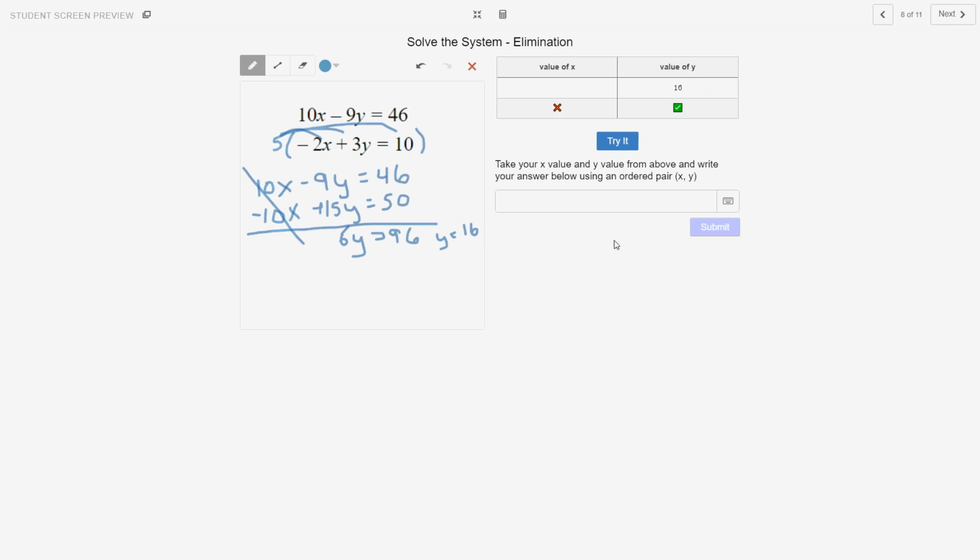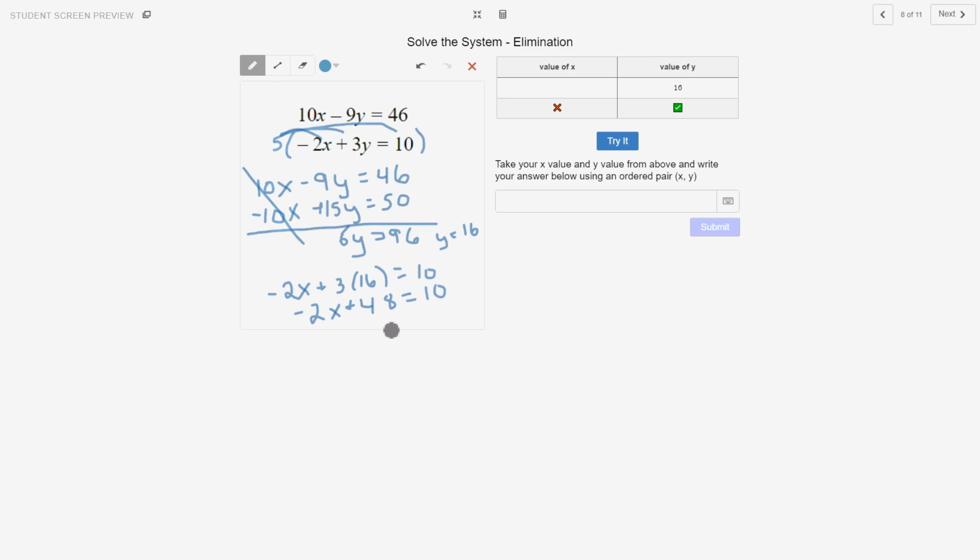Now we need to get our x's, and I'm going to plug it into the bottom one. So negative 2x plus 3 times 16 equals 10. Negative 2x plus 48 equals 10.